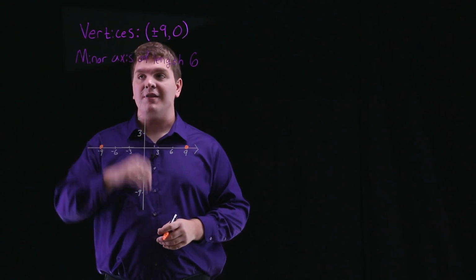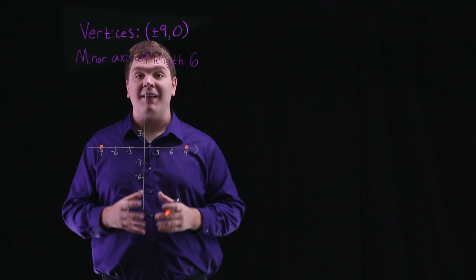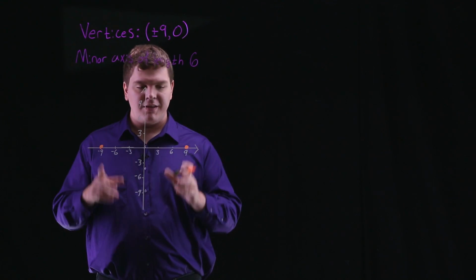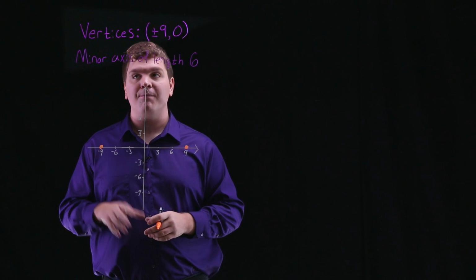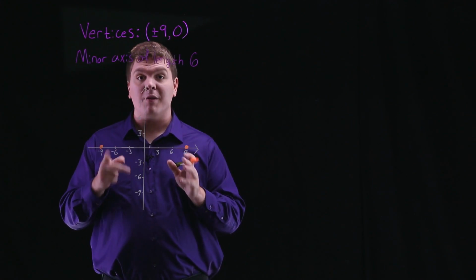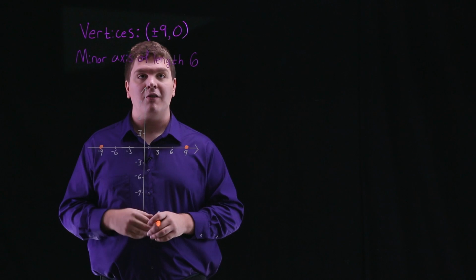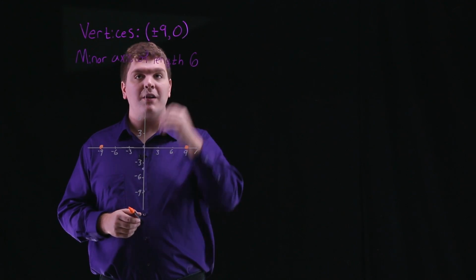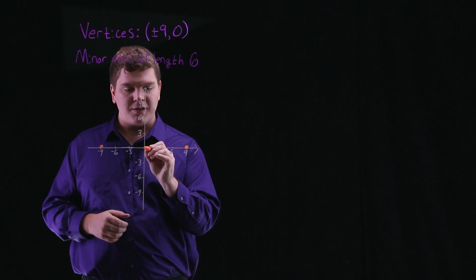So there's our two vertices, and we also know that the minor axis is going to have length 6. Because the distance between these 2 points is actually 18, which is larger, this is going to make up the major axis, so the minor axis is going to be the vertical axis. We know the minor axis has length 6, and we're centered at the origin.